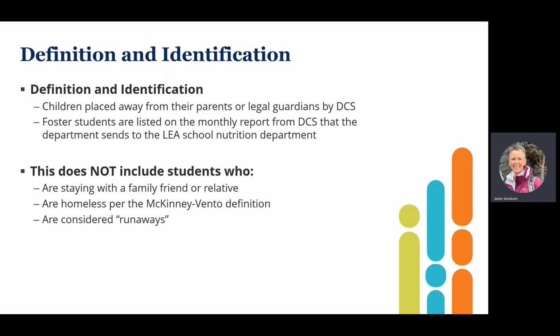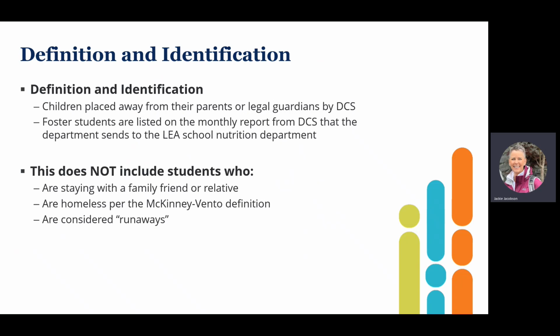Just a quick review of how we identify children in foster care. We identify foster children as children placed away from their parents or legal guardians by DCS. And this is an important point. The Department of Children's Services must have care, custody, and control of the child for a foster care determination to be made.